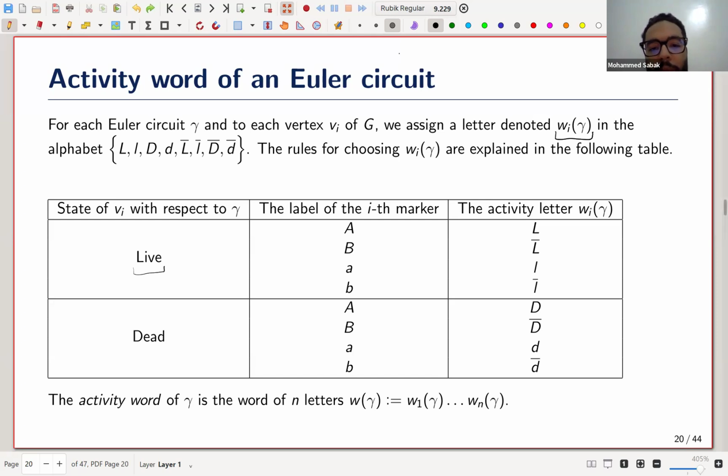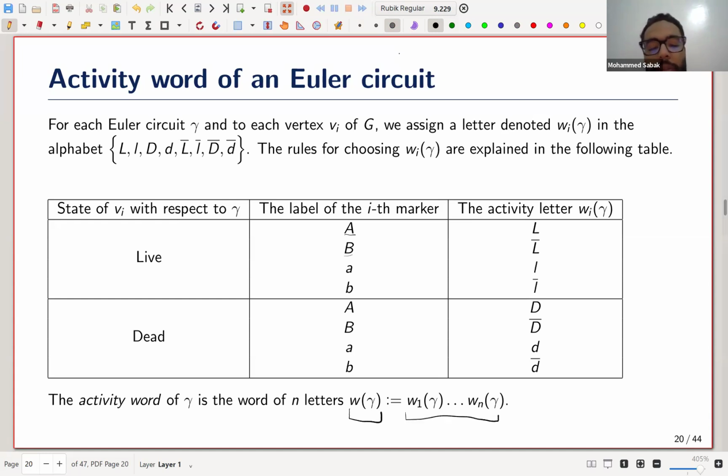And if we have capital A for the marker in the states corresponding to Vi, then we will choose capital L. If we have a marker labeled capital B, we will have L bar, etc. This will give us what we call the activity word of the Euler circuit gamma, which will consist of the n letters.